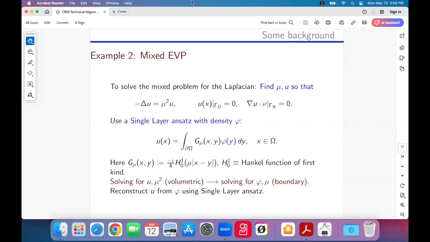And here, the fundamental solution I need to work with is a scalar multiple of the Hankel function. This is the fundamental solution of the Helmholtz equation. Once again, solving for the eigenpair in the volume becomes solving for the eigendensity and the eigenvalue on the boundary.